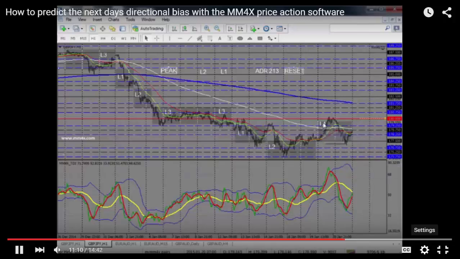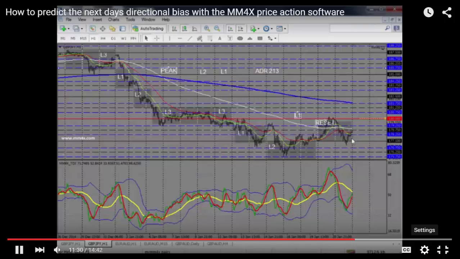So at this point we're in the transition zone, and if the pair decides that it doesn't want to go any higher and that it wants to go lower, then what I'll do is I will change this to what I call a reset.